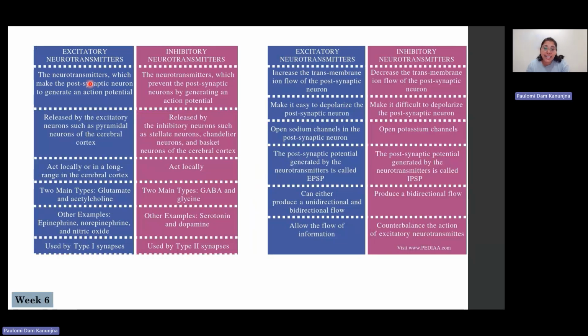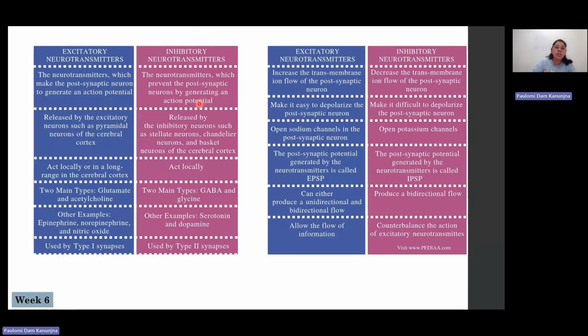So these excitatory ones are basically the ones which make the postsynaptic neuron generate action potential. You can remember it like this: these are excitatory, so they are causing excitation in the next neuron they are interacting with. While the inhibitory ones prevent the postsynaptic neurons from generating an action potential.